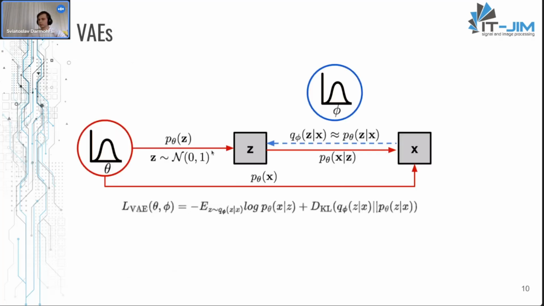So I will shortly talk about VAEs. I think that most of you are already familiar with them better than I am, but basically, instead, what we do is not use this distribution that is intractable. We introduce our model q phi that is our encoder and that predicts the parameters of the distribution.